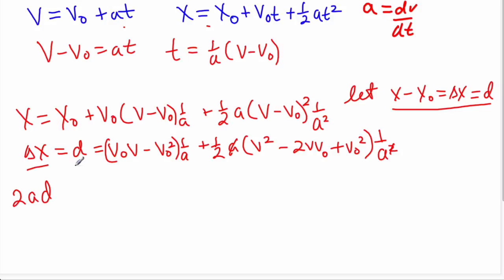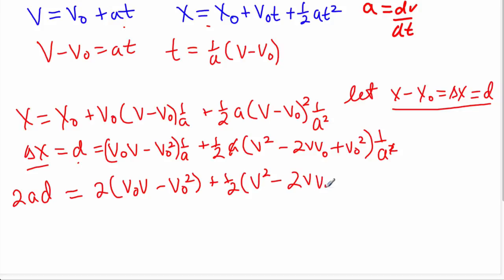When I do that, now I've got 2 times v0 v minus v0 squared, and my a is now gone, plus 1/2 times v squared minus 2 v v naught plus v naught squared. The a is now gone. Oh wait, my 1/2 is gone too.